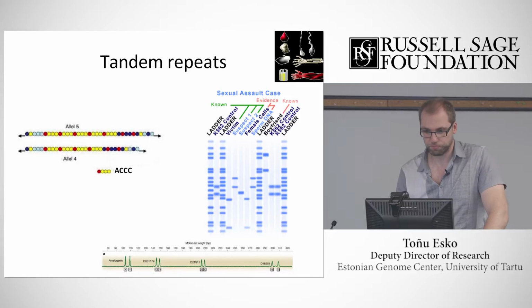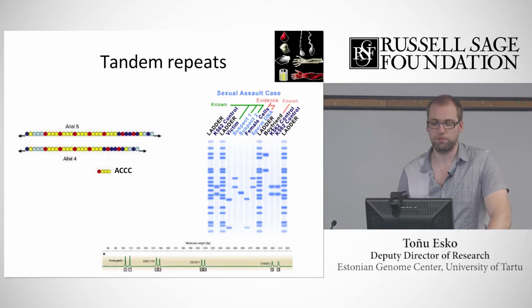These are called short tandem repeats, and this is what is mostly used in forensics to identify who the suspect is. You don't need that many markers, and paternity testing also uses this type of genetic allele.